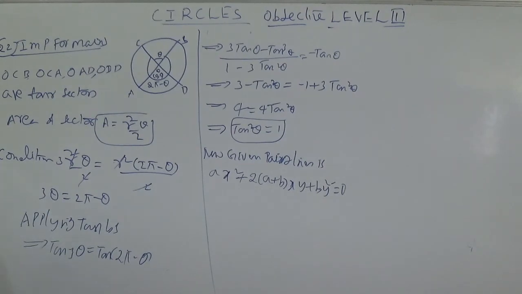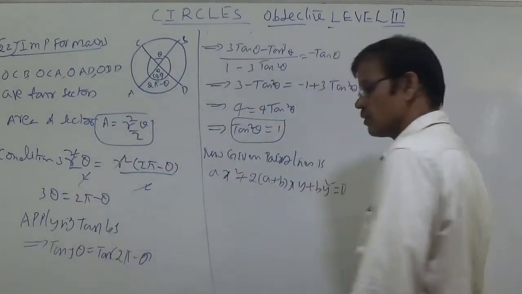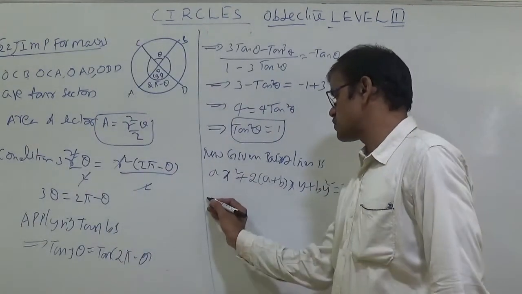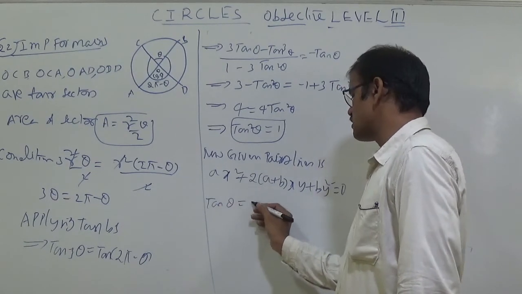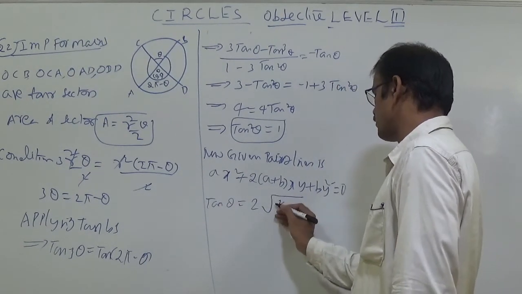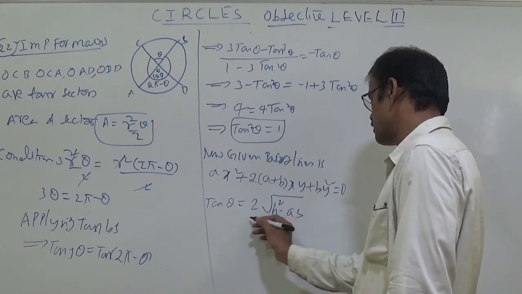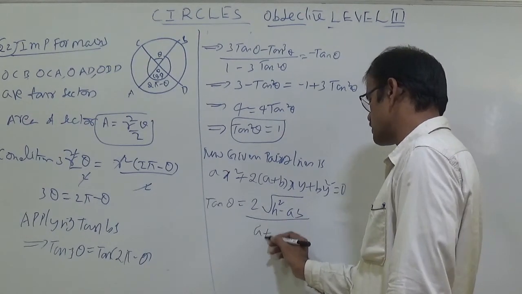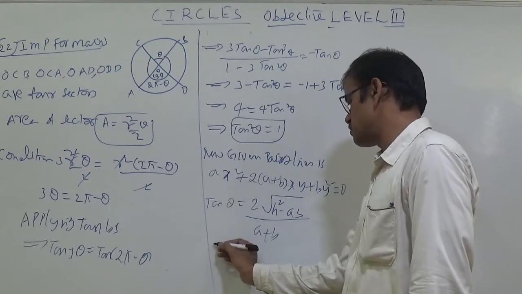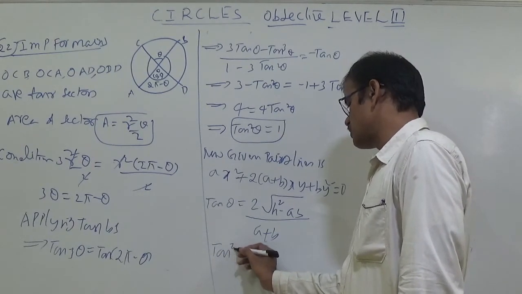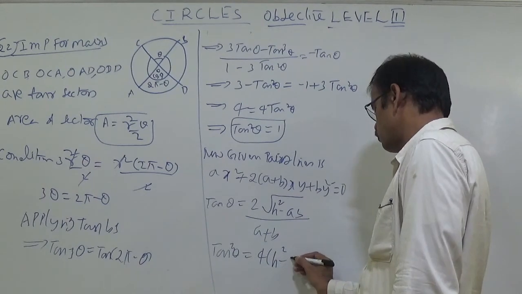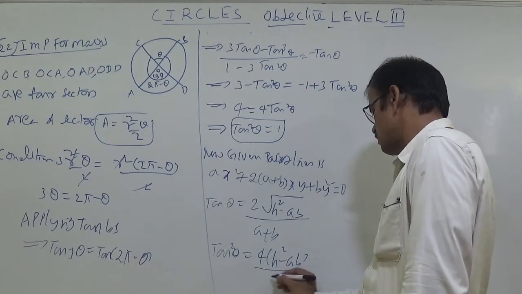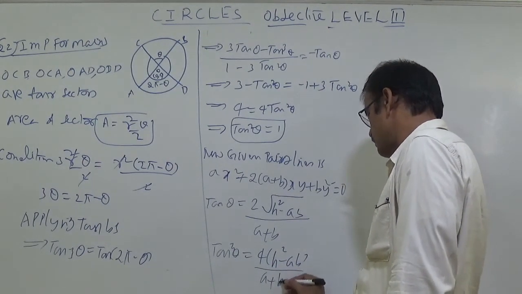Among the pair of lines, you can calculate the angle: tan theta is equal to 2 root of (h square minus ab) by modulus of (a plus b). Squaring, tan square theta is equal to 4 into (h square minus ab) by (a plus b) whole square.